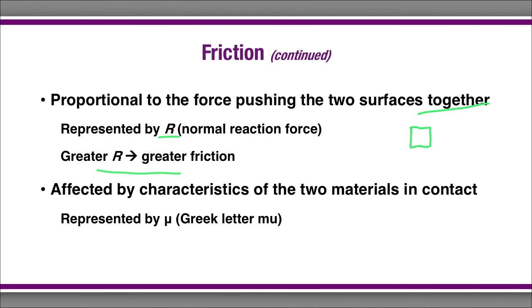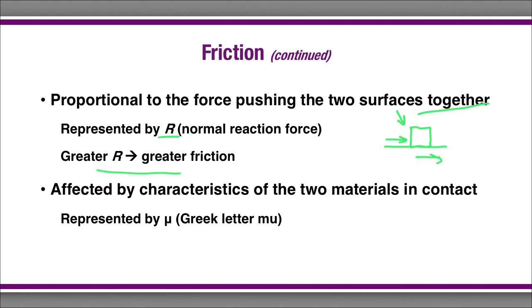So if we go back to our box example, if we're trying to move this box in the positive x direction, and R is represented by the force pushing surfaces together, a force application at this angle is actually going to create a greater R because there's more force pushing these objects together rather than a force coming directly parallel to the surface that the box is sliding on.